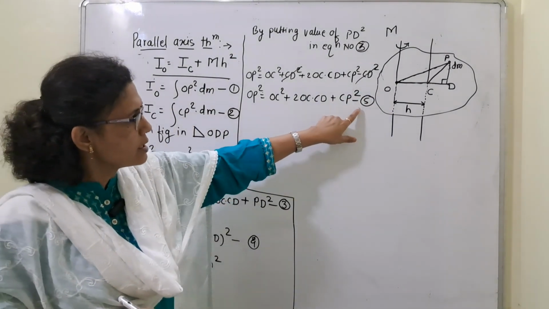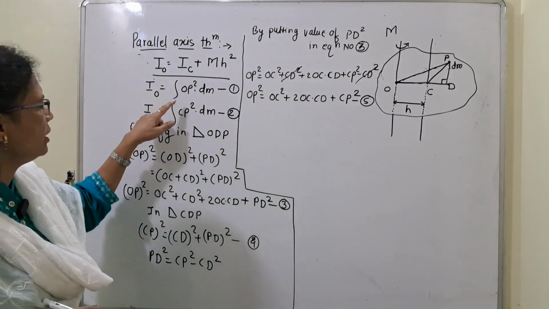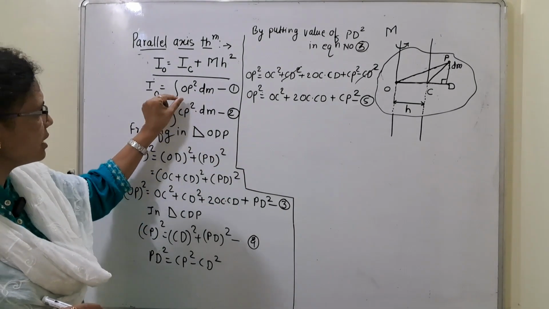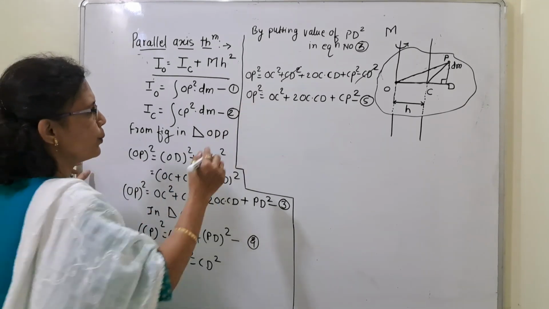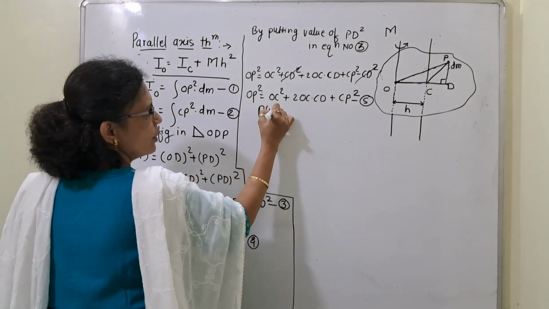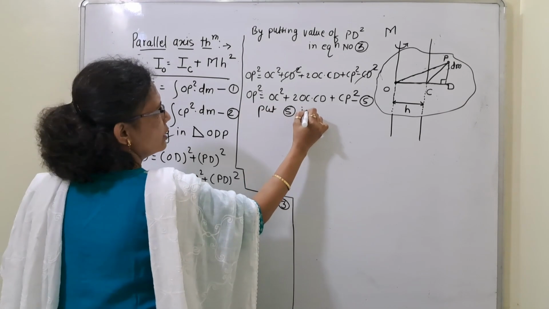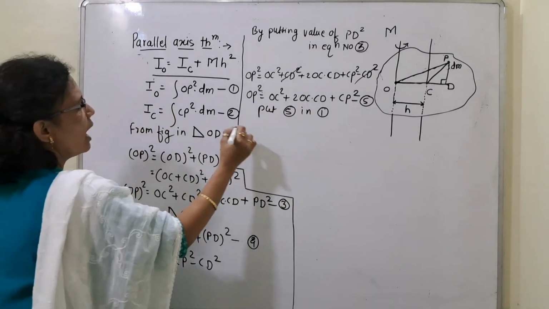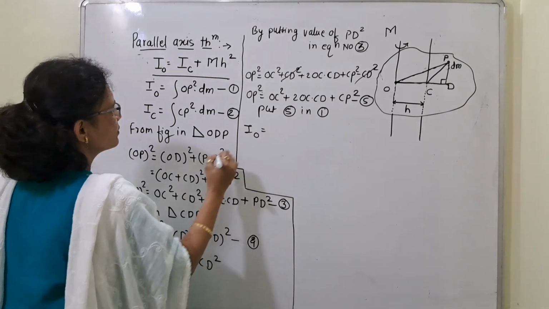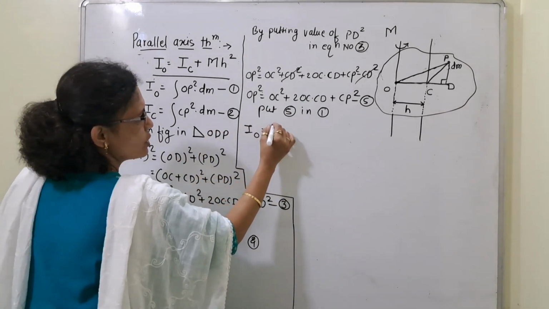Now, put this equation number 5 in equation number 1. See here there is OP square and we have found the value of OP square. So put equation 5 in equation 1. What we will get? I naught is equal to integration of OP square dm. What is OP square?